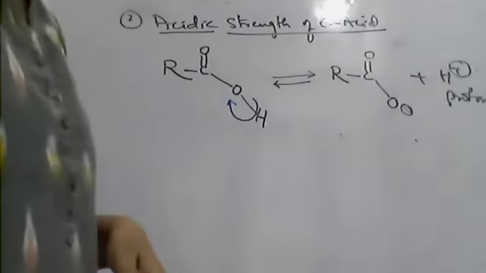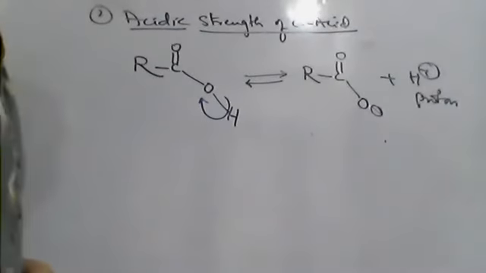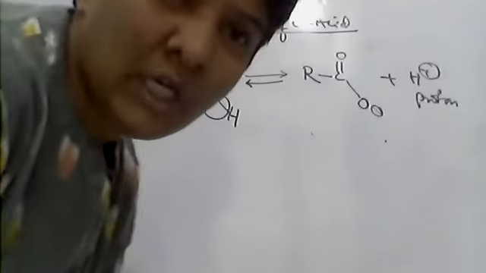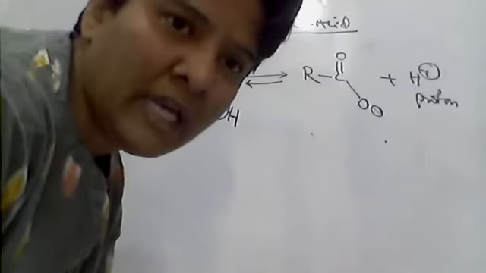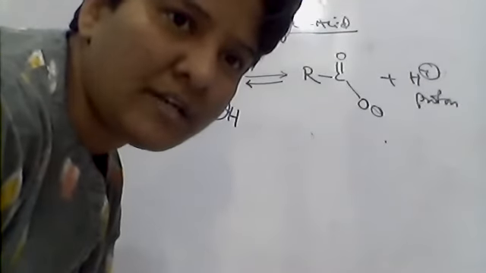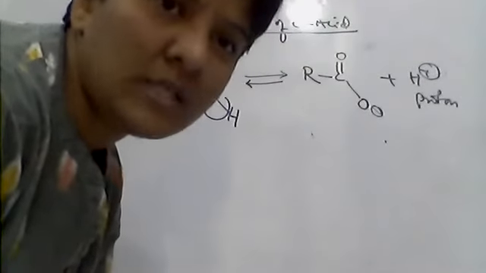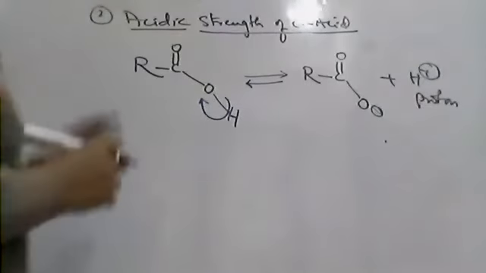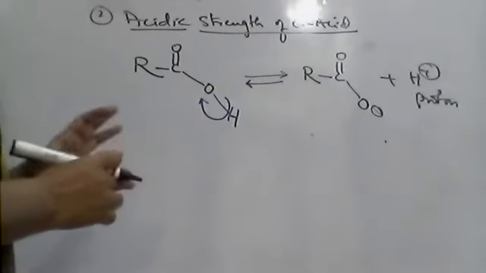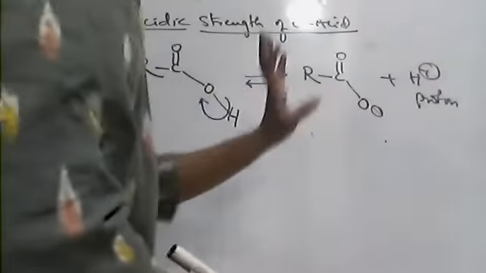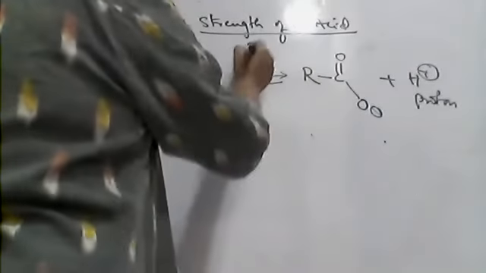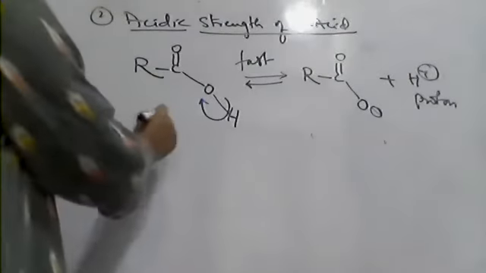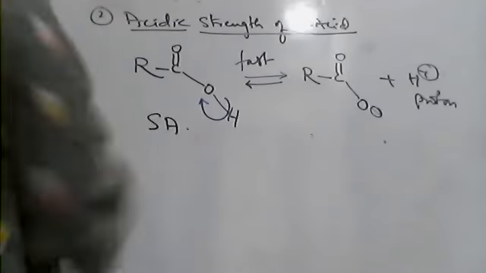And I hope you know how to write the dissociation constant for the acid. That is the equilibrium constant. K equals product concentration by reactant concentration. So if the acid is dissociating and releasing H plus, if the H plus is released fast, then it is said to be a strong acid.